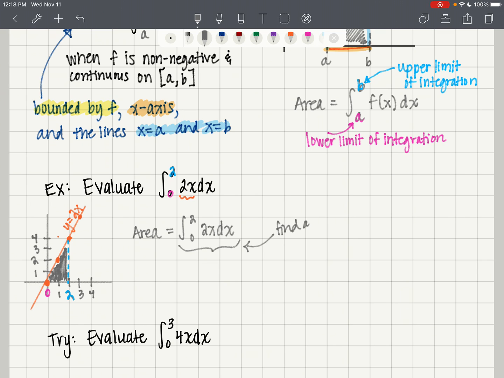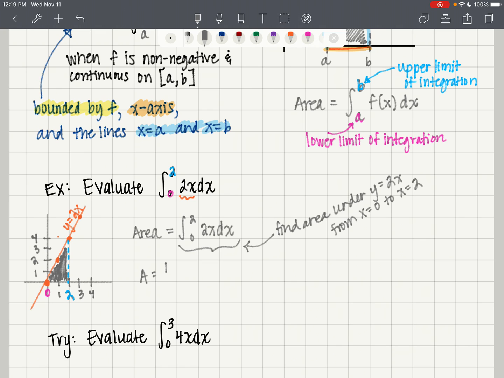Sometimes we're going to do this mathematically using arithmetic, or algebra, and sometimes we're going to do this using geometry. I'm going to demonstrate for you the geometry way first, and then we'll move into the algebra. So this just says find the area under the curve y equals 2x from x equals 0 to x equals 2. That's exactly what this integral means.